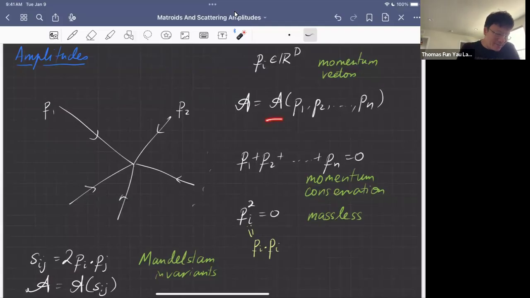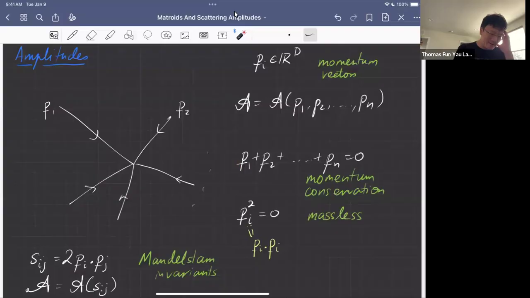In any case, this is some complex analytic function that depends on inputs which are four vectors, or d vectors if we're doing arbitrary space-time dimension. So I've got n four vectors, and we're going to make some assumptions. The vectors satisfy momentum conservation. Otherwise, it's just the zero function, so on the support of this, the vectors have to satisfy it.